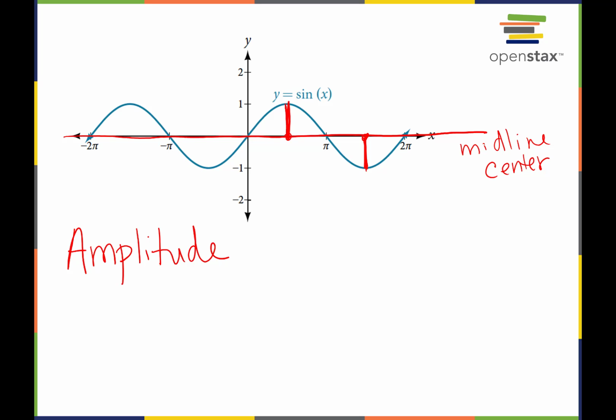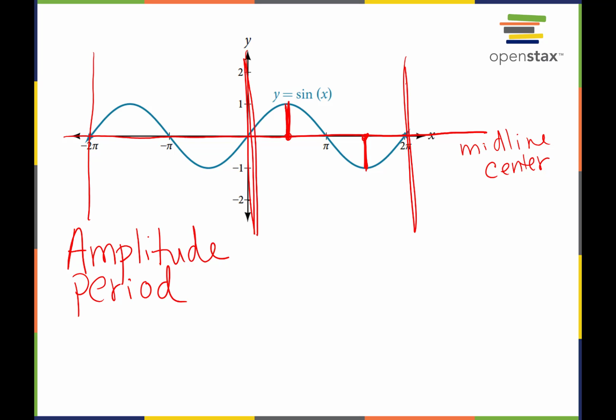There's also something called the period. The period is the length of one complete cycle. If you notice, I can break this graph up into different pieces here. If I trace this graph from left to right, it goes up, it comes down, and it comes back up again.